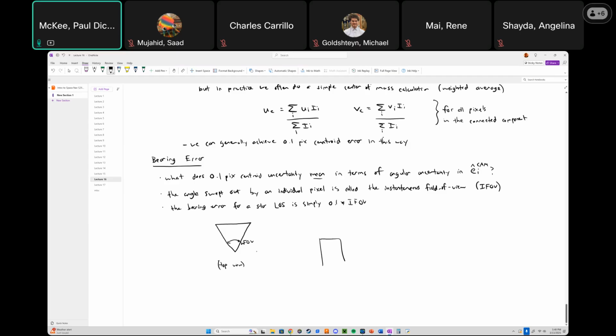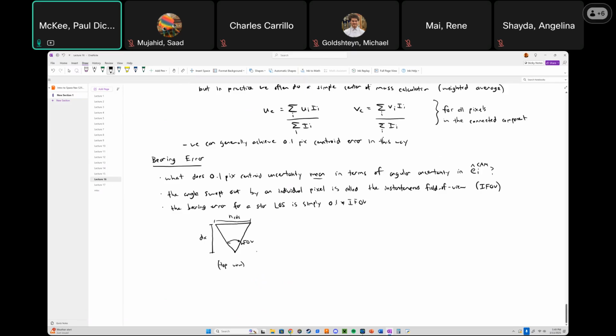If you're taking a rectangular image, you're going to have a vertical field of view and a horizontal field of view. So we're talking about horizontal field of view for now. And if this is the width of your image, which is just the number of columns in your image, then the distance from your focal point to your detector is going to be your dx, your focal length expressed in pixels.